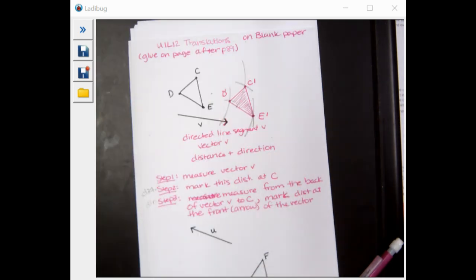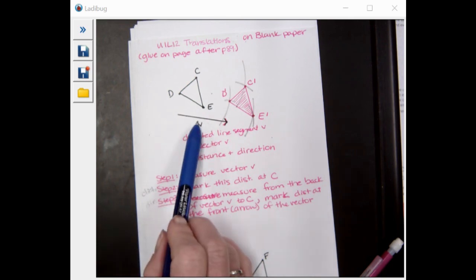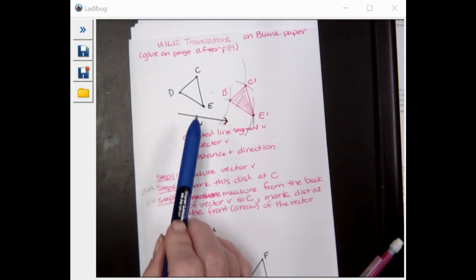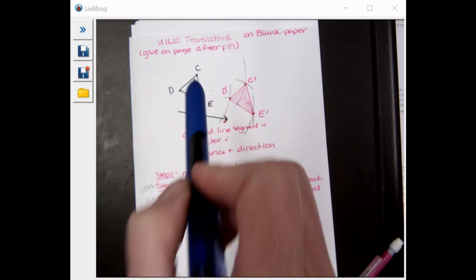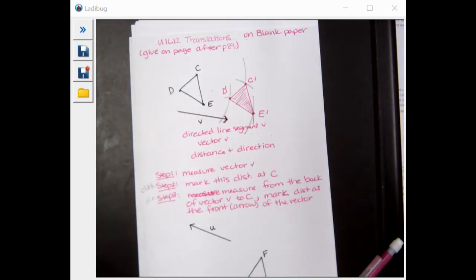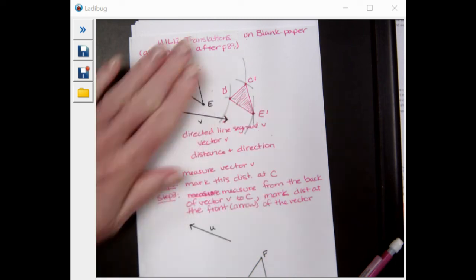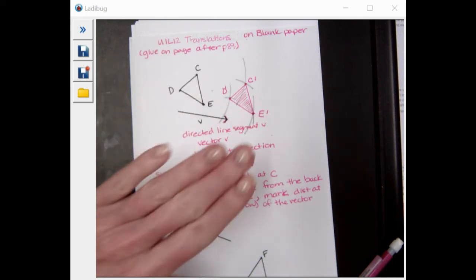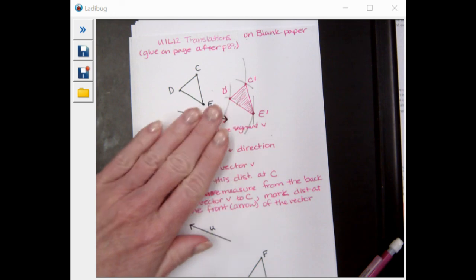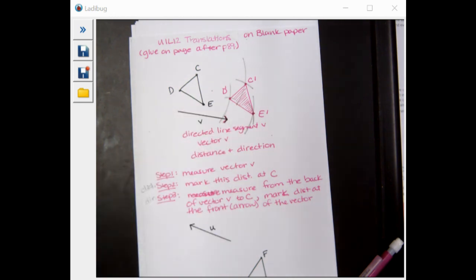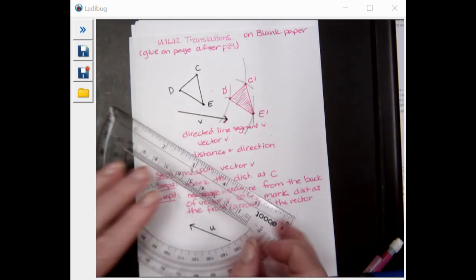Let me get a different colored pen. I want you to see the directed line segment, the vector. I want you to see V in this diagram. So please do this with a different color as well, because this is actually complete. This is finished. E prime, C prime, D prime would be my answer. That is my image after this translation.